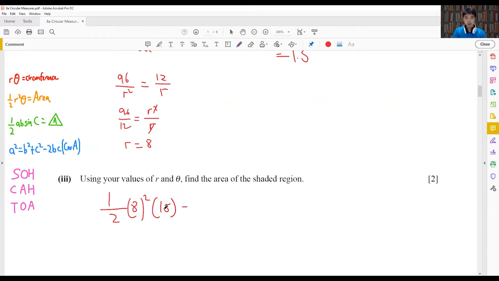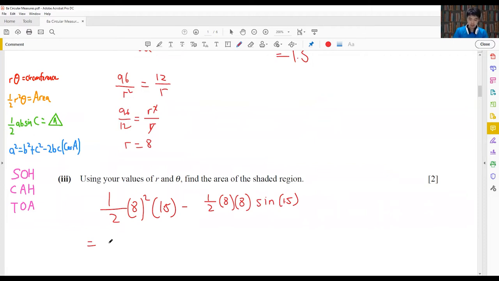Minus it off with the area of the triangle, which is half AB, which is both the radius, and then sine theta, which is again 1.5. Okay, so from here, just type everything into the calculator and make sure that your calculator is in radian mode, okay? Because if you did not, then your answer will be completely wrong.